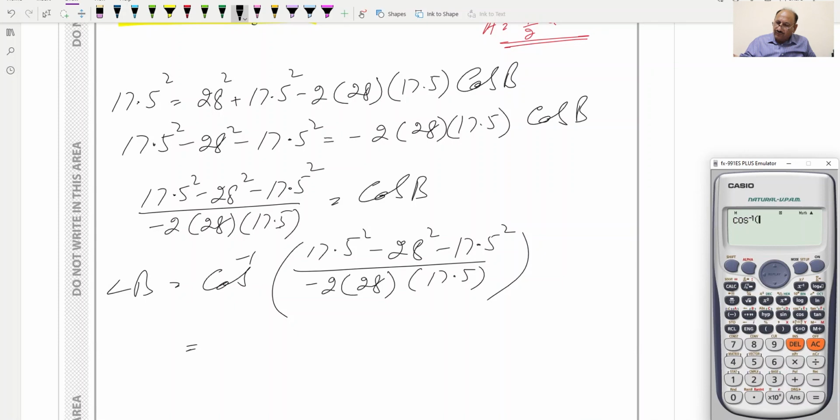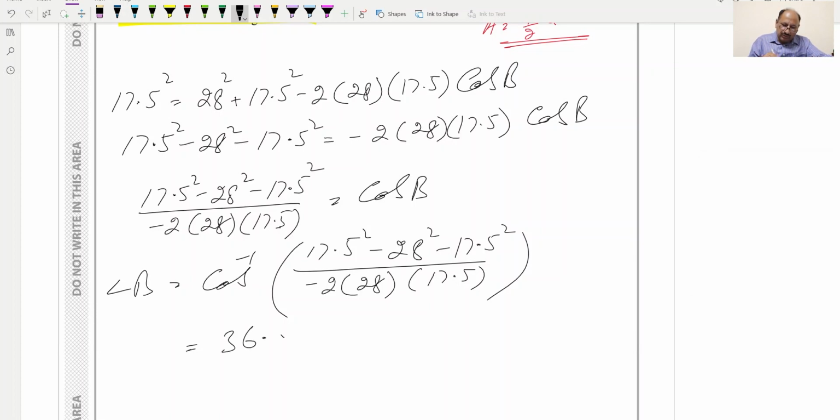Shift cos of fraction, and this will be 17.5 squared minus 28 squared minus 17.5 squared again, and this will be denominator minus 2 into 28 and 17.5, and the bracket will be closed, and this is equal to 36.869. So we can write 36.87. This will be degrees.